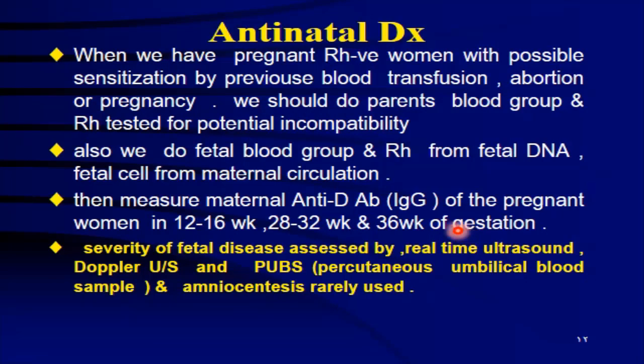So, if there is blood group incompatibility and sensitization by the presence of the antibody, next we have to assess the severity of fetal disease, because here we confirmed affection.